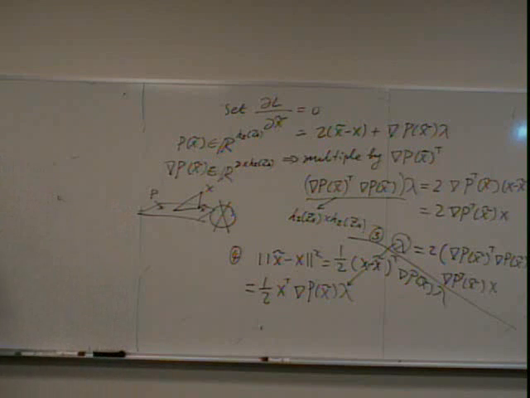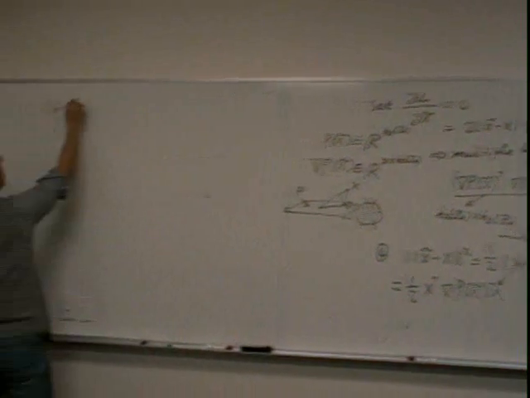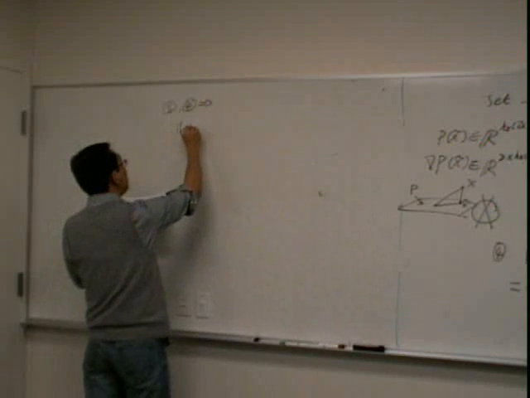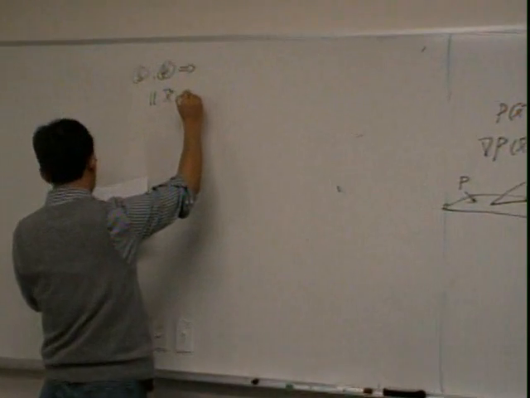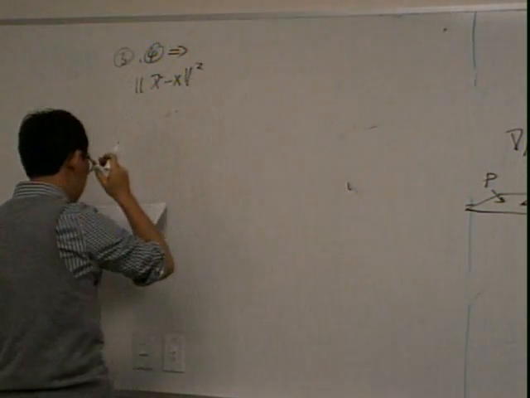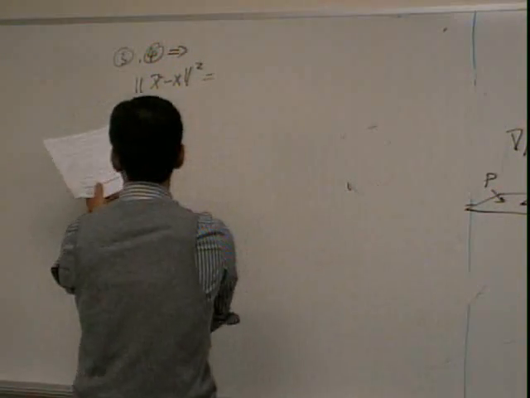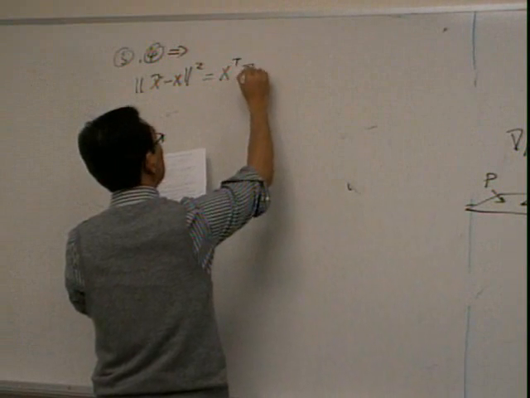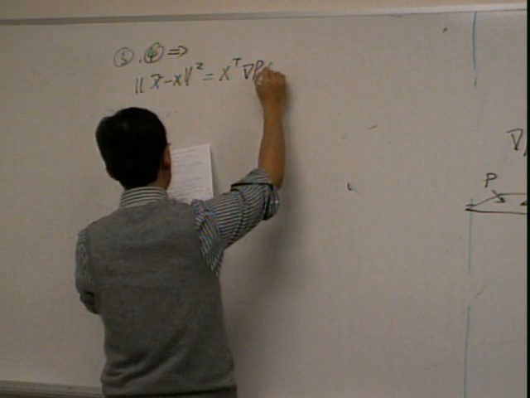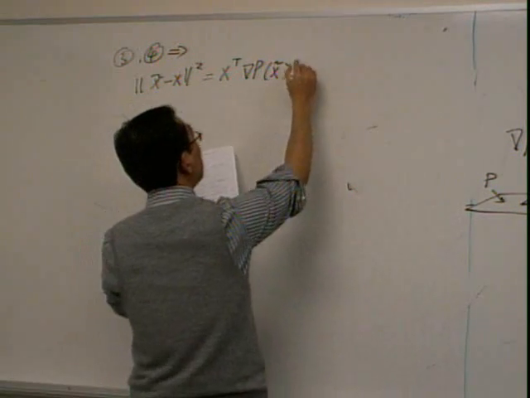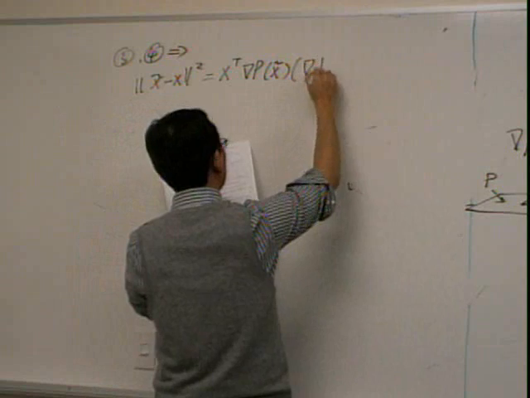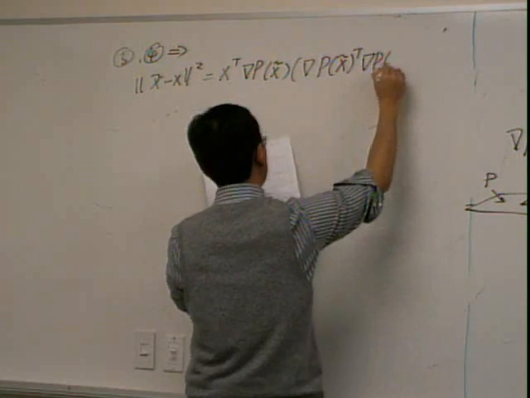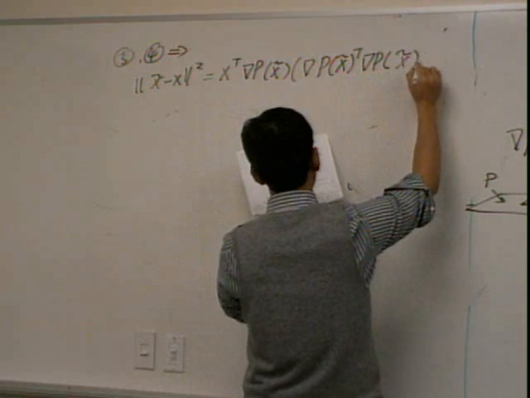So what I get is that I combine 3 and 4, which gives me the result that the Euclidean distance of the 2 points squared is equal to x transpose the derivative of P x tilde evaluated at x tilde times the pseudo inverse of this symmetric matrix, evaluated at x tilde.